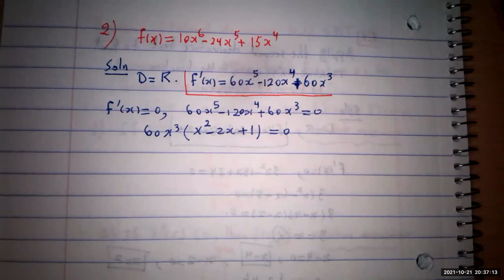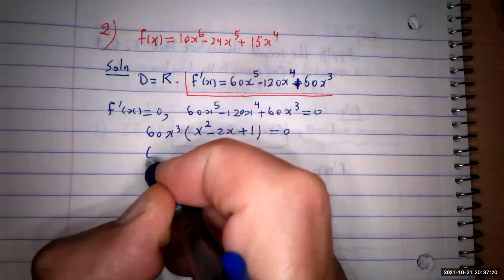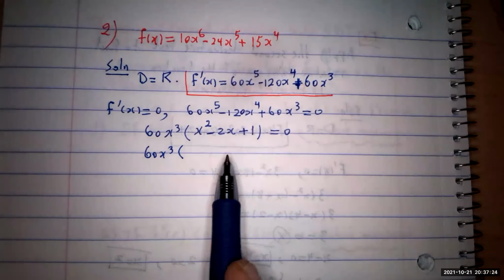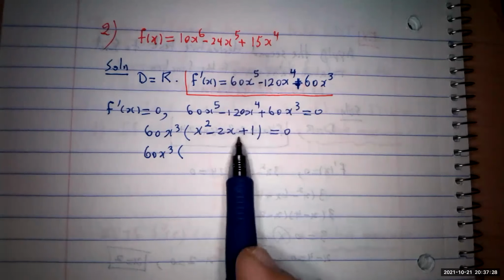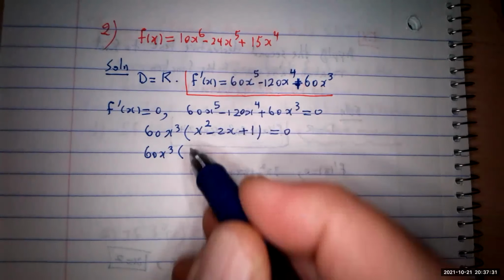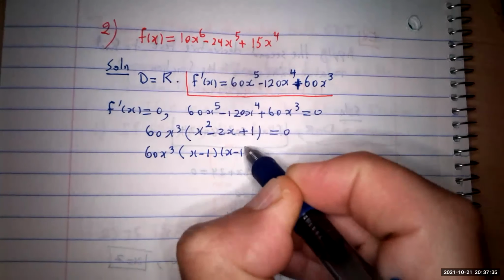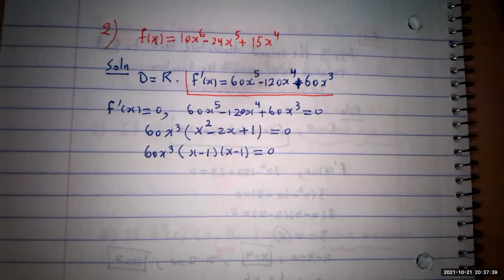Any question? Just factoring to try to solve this equation. We factor the terms inside the parentheses. You need two numbers with a product of 1 and a sum of negative 2. The factors are going to be x minus 1 and x minus 1. Negative 1 times negative 1 would be positive 1, and if you add them together, that gives you negative 2x.